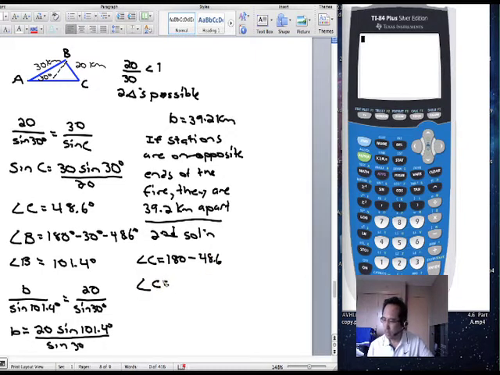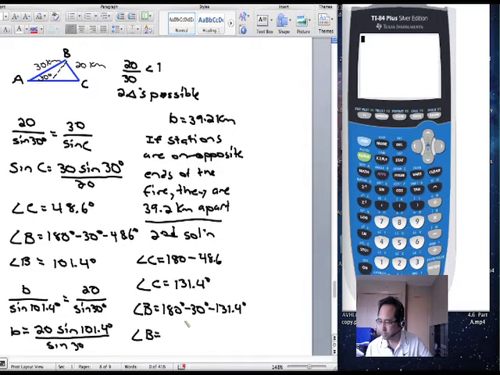So my angle C is going to end up being 131.4 degrees. So my angle B is easy, because all I have to do is take 180 minus 30 minus 131.4 degrees. So angle B, although it's small, still comes out to be a positive number. That's 18.6 degrees. Okay, so I've got the three angles solved.